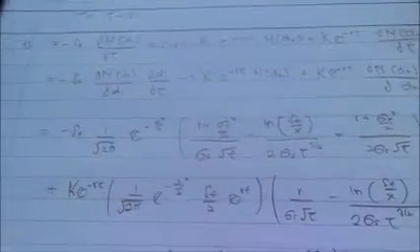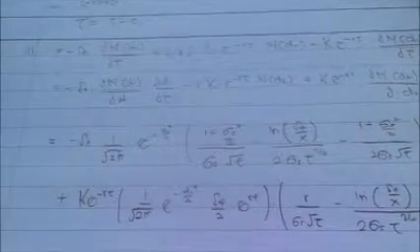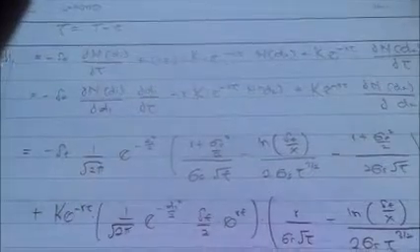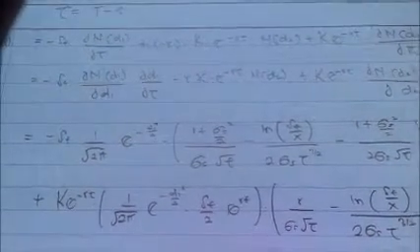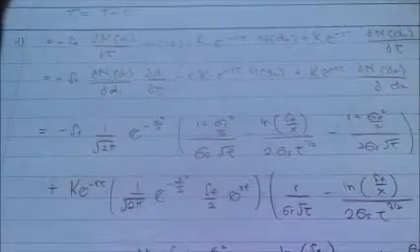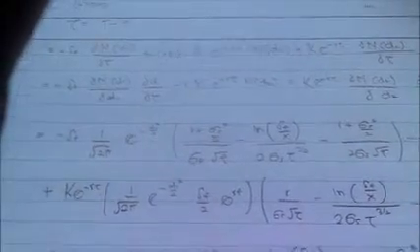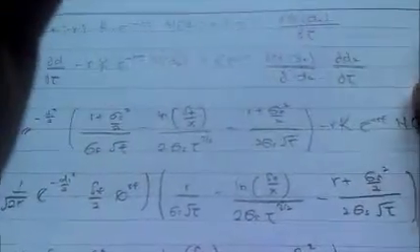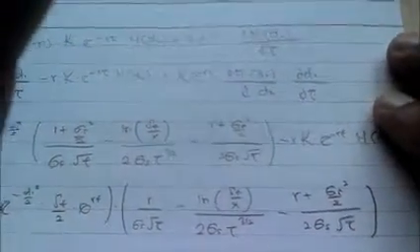Okay, negative S_t N prime d1 over d1 times d1 over dt, minus r times K times exponential negative r tau N(d2), plus K e to the negative r tau N prime d2 over d2 times d2 over dt.